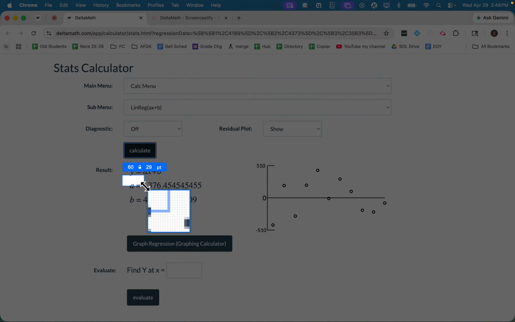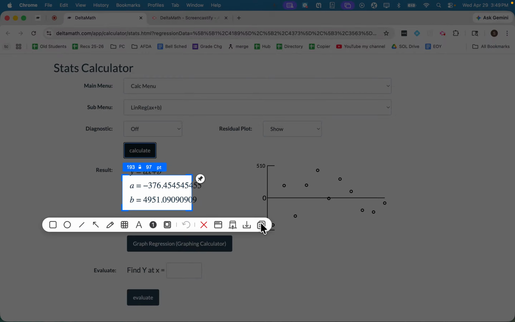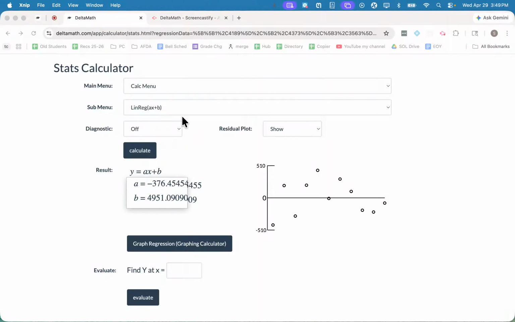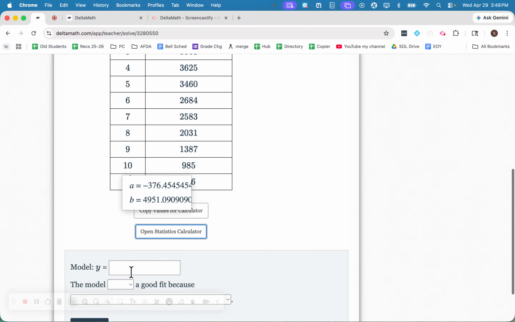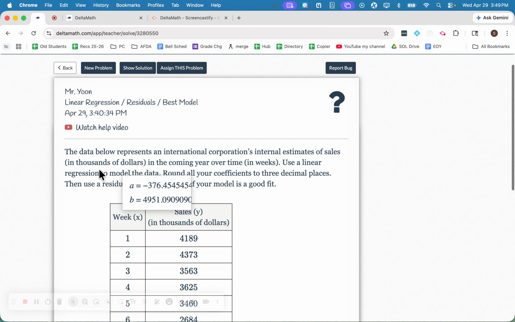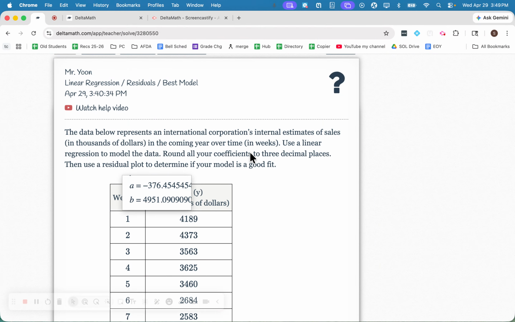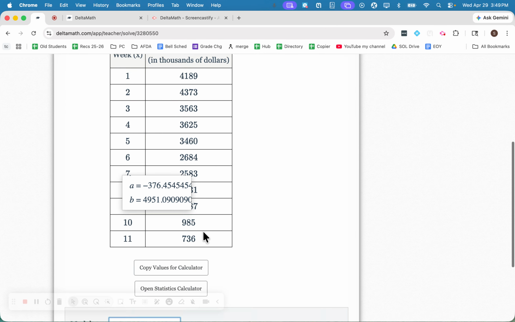First of all, you have to go back. We'll come back to this. You need that A and the B to calculate your equation. So let's go back and do that first. The model is y equals, and what do they want? No, you round your coefficients to 3 decimal places.